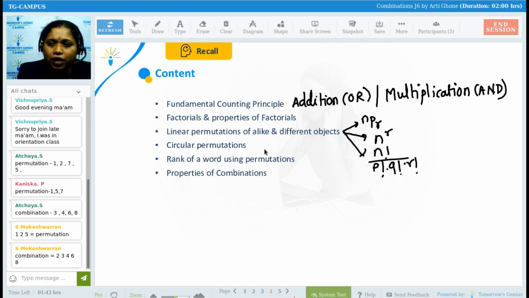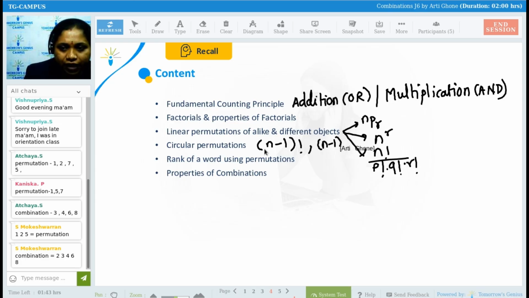So arrangement is given in that sense. Then circular permutation. What is the formula of circular permutation? The simple formula when direction doesn't matter is n minus 1 factorial, or if direction matters, then it's n minus 1 factorial divided by 2. Clear? Then rank of object, we have taken a very interesting trick for the rank of objects, letters.